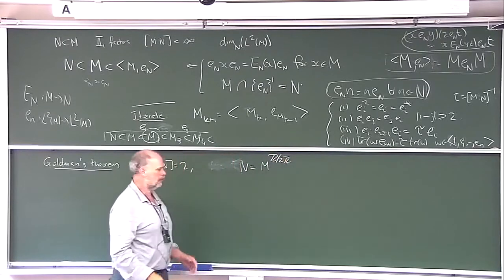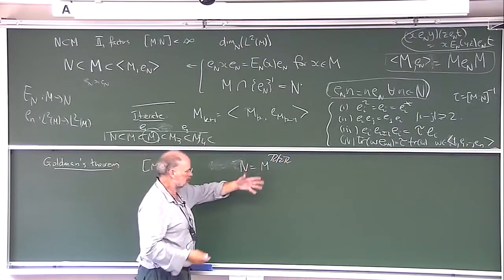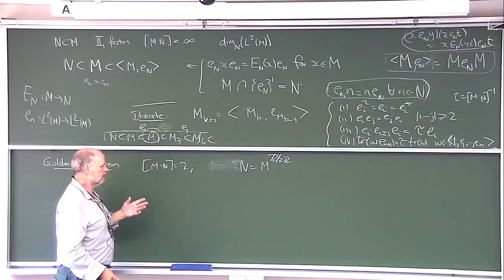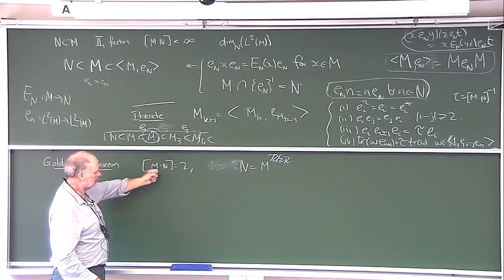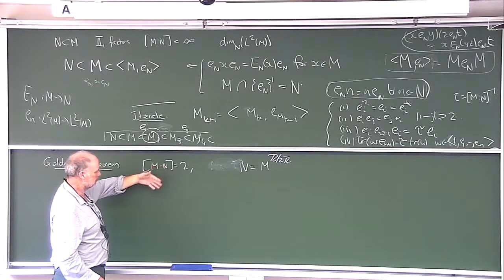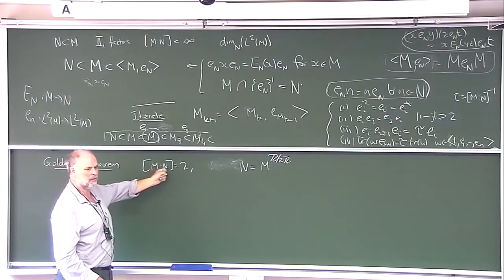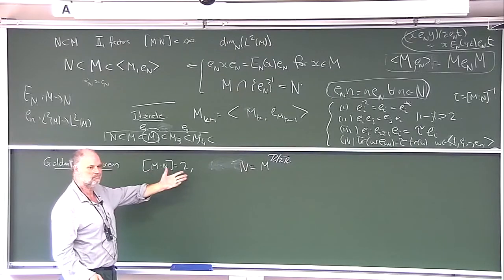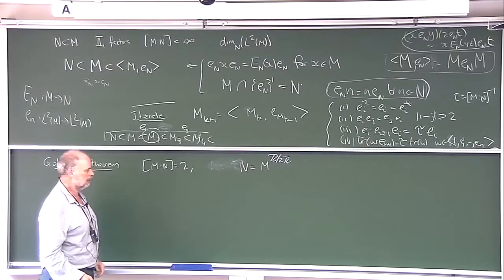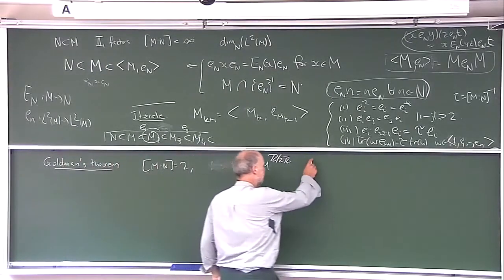Remember I said that these subfactors have some kind of analogy with Galois theory and groups and so on. So this is an analog of, if I expressed it slightly differently, and in fact that's the way the proof will go, that a subgroup of a group of index 2 is normal. So this is the moral analog of that.